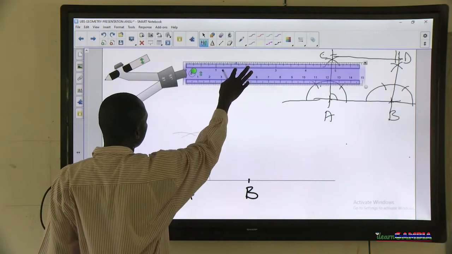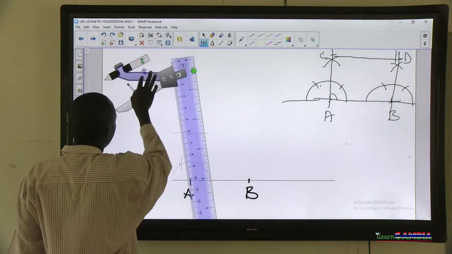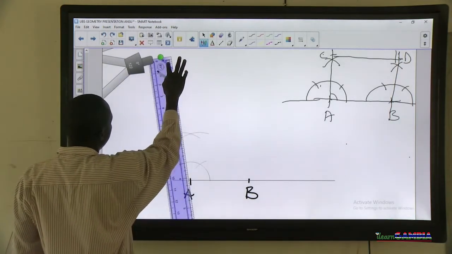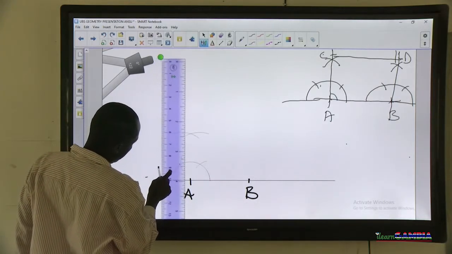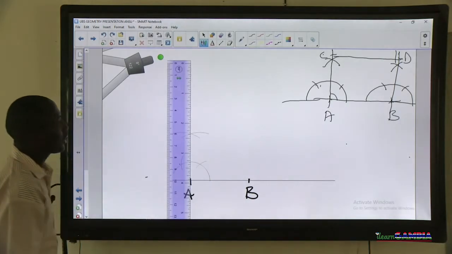I take my ruler. Okay, you can see that.